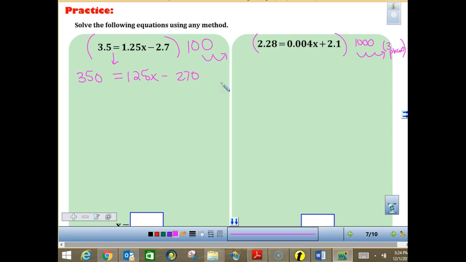You have to add 270. Yes, add 270. So we get 620, 125x. Next step, divide by 125.